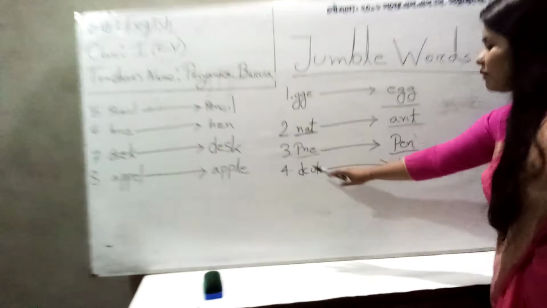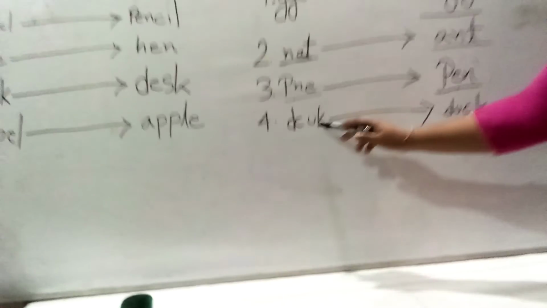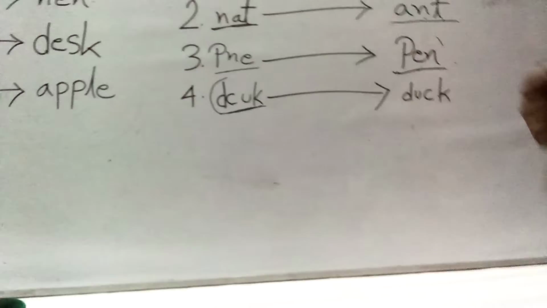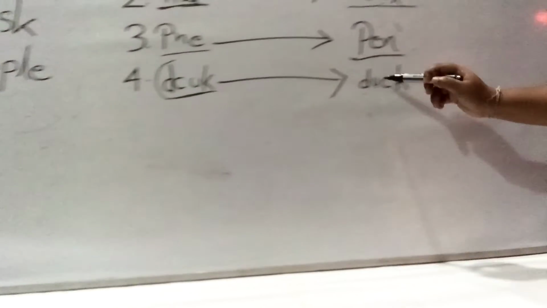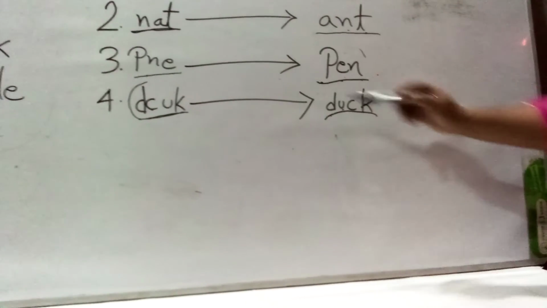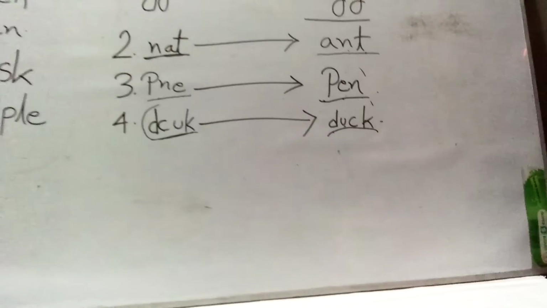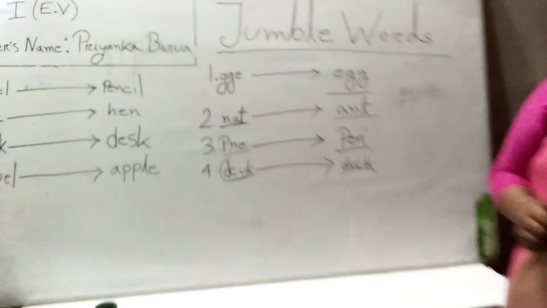So moving with the fourth one, that is DCUK. Does it mean anything? No, it doesn't have any meaning. But if we place the U before the C, then we can have a new word, that is duck. We know what is duck. Okay.